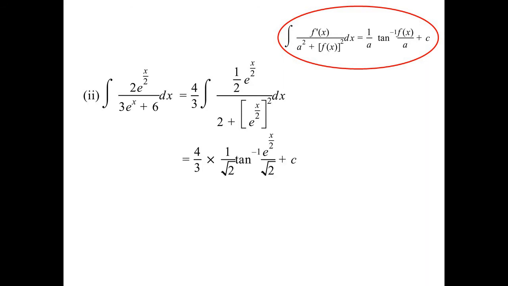So inverse tan, but remember inverse tan has 1 on a out the front, so I get 4/3, 1 on a, which in this case is 1 on root 2, the inverse tan of e to the x on 2 on root 2. Let's just tidy up that fraction out the front: 2 root 2 on 3, inverse tan, e to the x on 2 over root 2, plus a constant, of course.